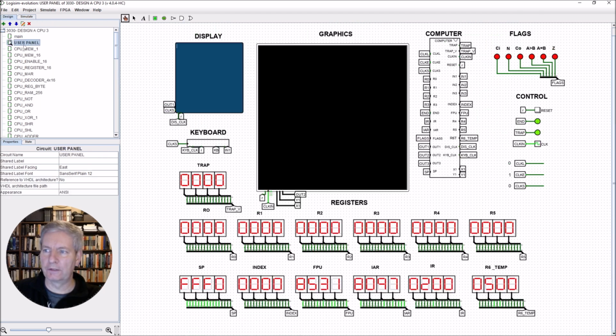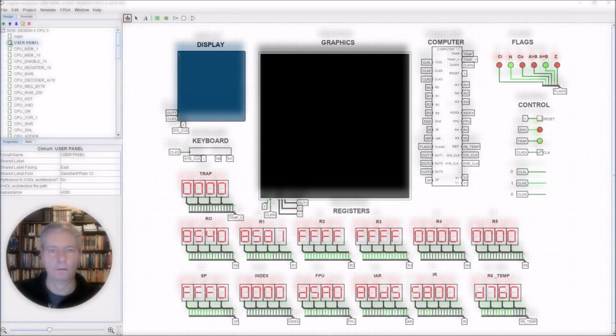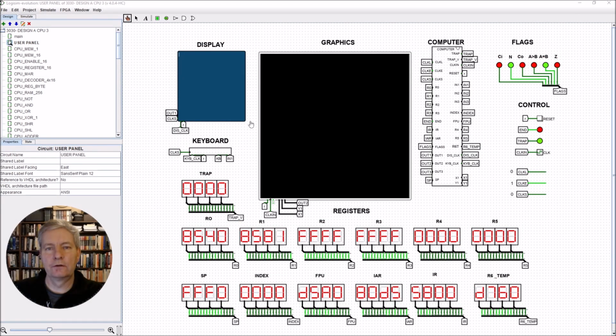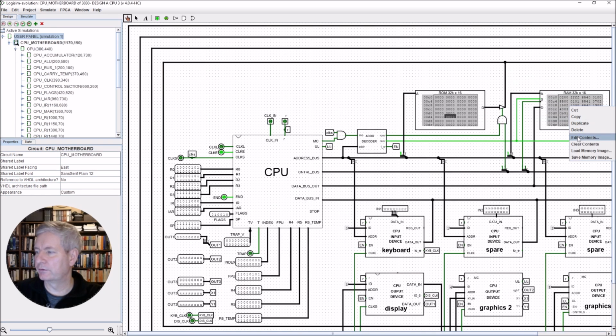So I will run this simulation until it's finished, and then we will go in and have a look at the final results. Now that's the simulation finished, so let's drop in to the RAM and we will see the final results.